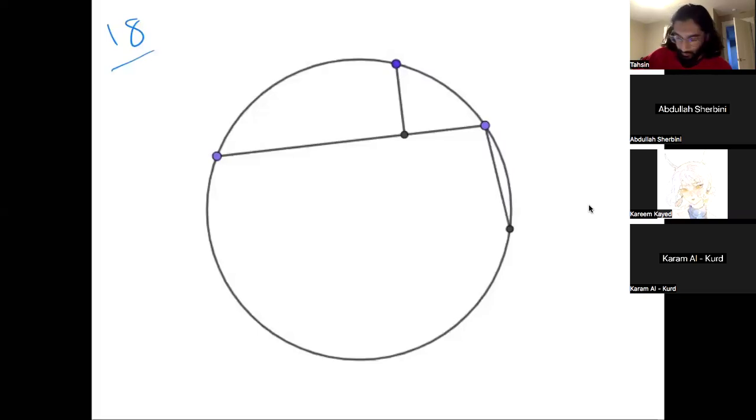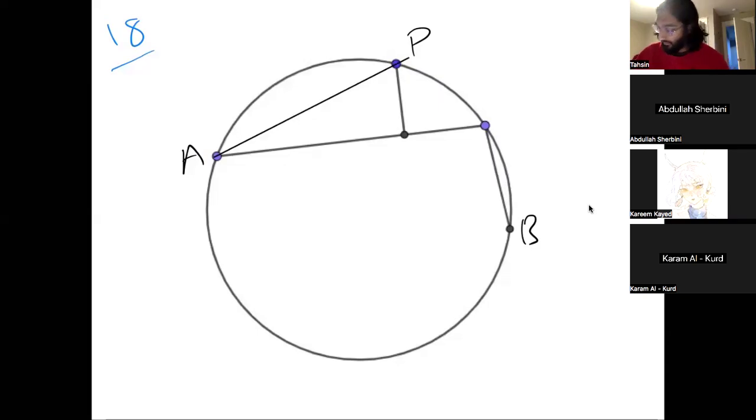Okay, so this is problem 18 from this list. There are 2 points, A, P, and B. The condition on A, P, and B is that this line and this line are equal.